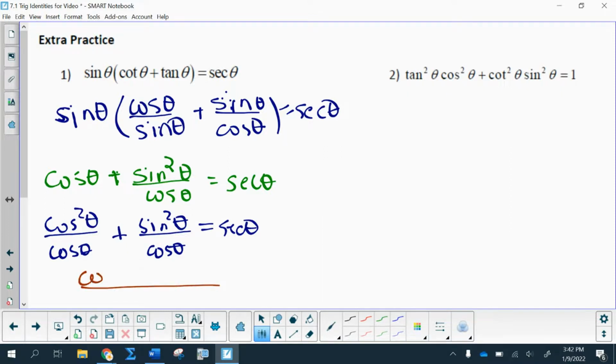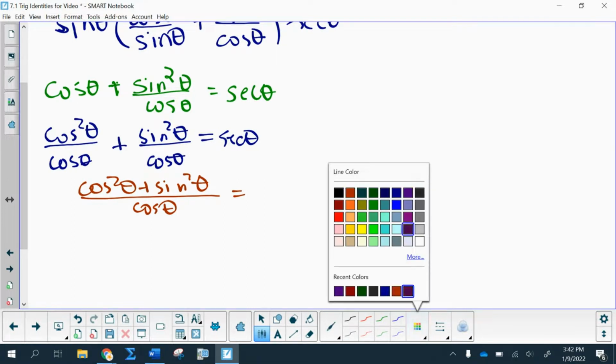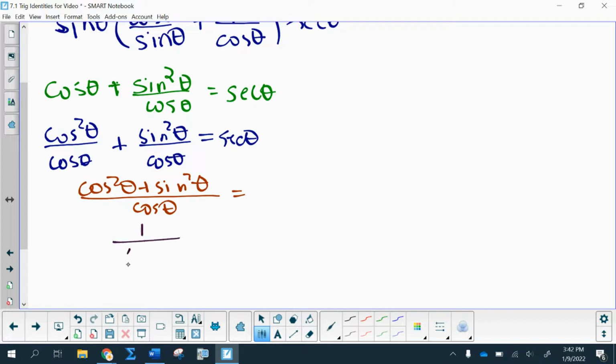So my one fraction is cosine squared plus sine squared over cosine. And there's our Pythagorean identity that cosine squared plus sine squared is equal to 1. So I have 1 over cosine, and 1 over cosine is equal to secant.